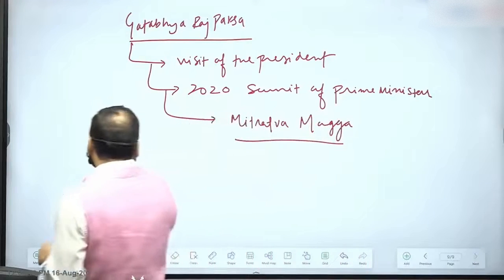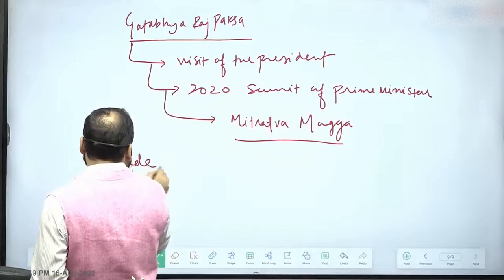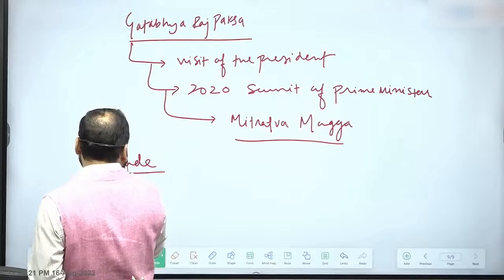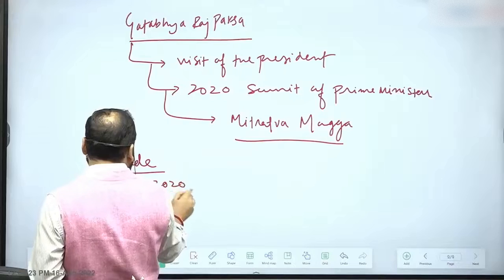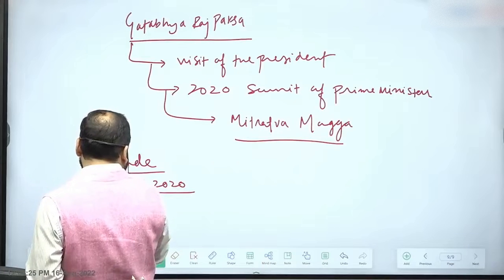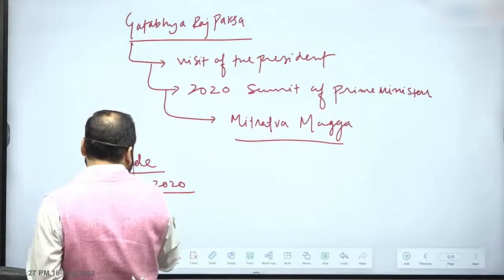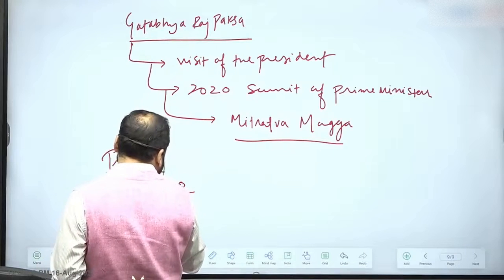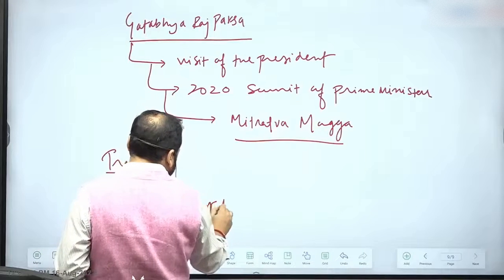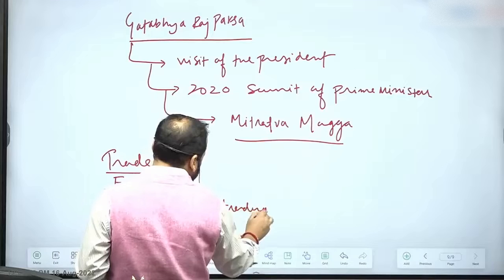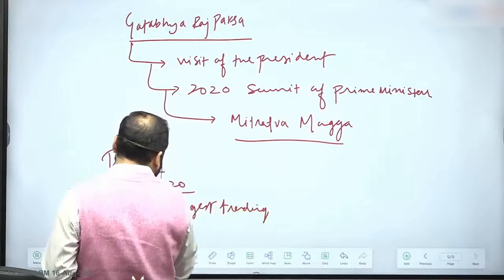So we see in India-Sri Lanka relations, trade governed by the Free Trade Agreement of 2020. Now India remains the largest trading partner of Sri Lanka, barring a few years.